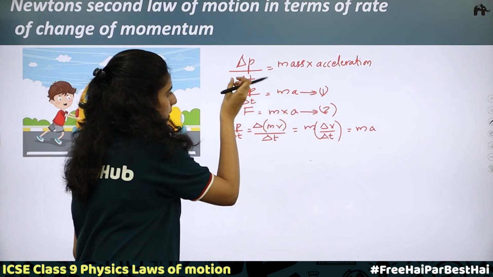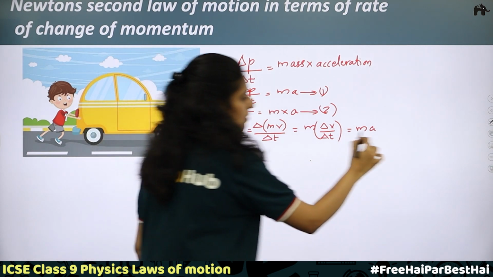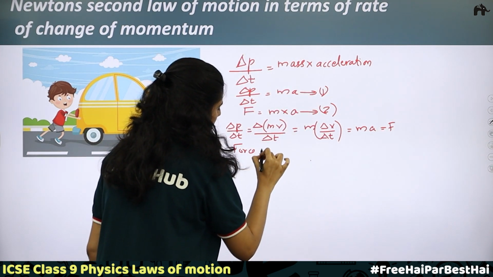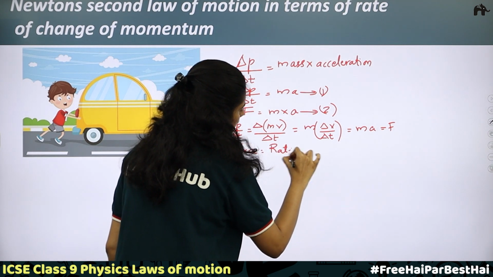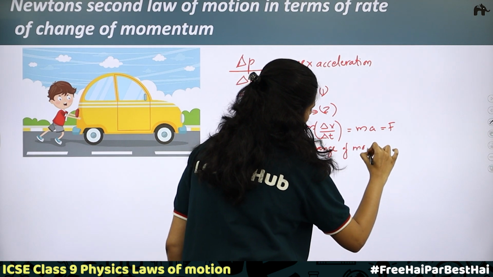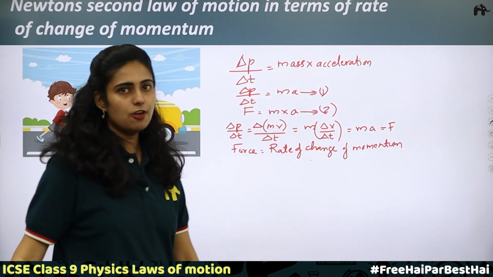Just by comparing, you will get delta P by delta T is force, since ma is force. Therefore, we can say force is equal to rate of change of momentum. Clear? Force is the rate of change of momentum.